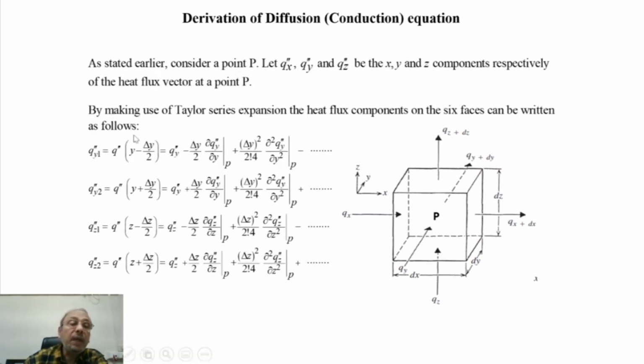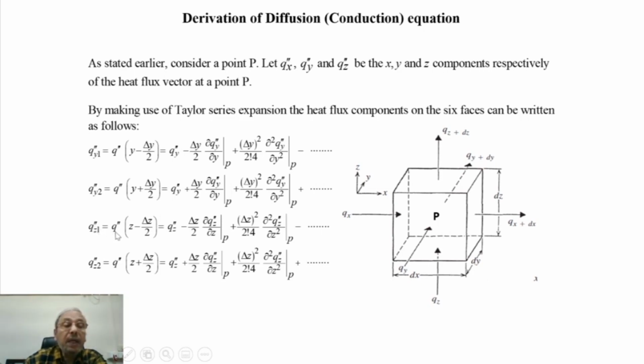Now in a similar way we have done up to the heat flux at the back surface. Just for smooth continuity, we have repeated the expressions for qy1 double prime and qy2 double prime. Now at the bottom surface, this is qz1 double prime.